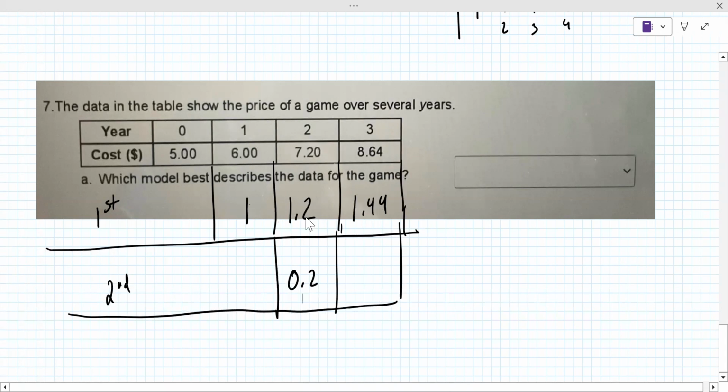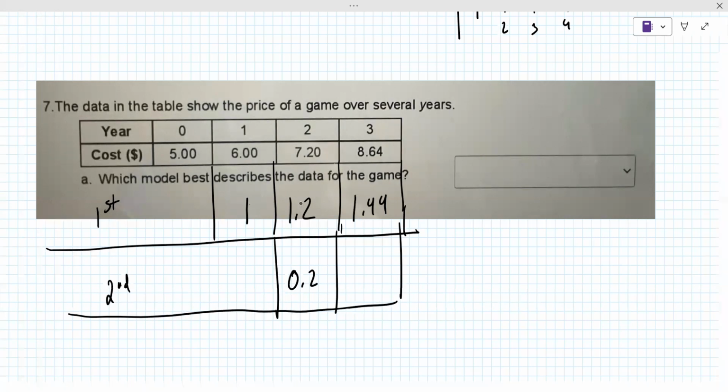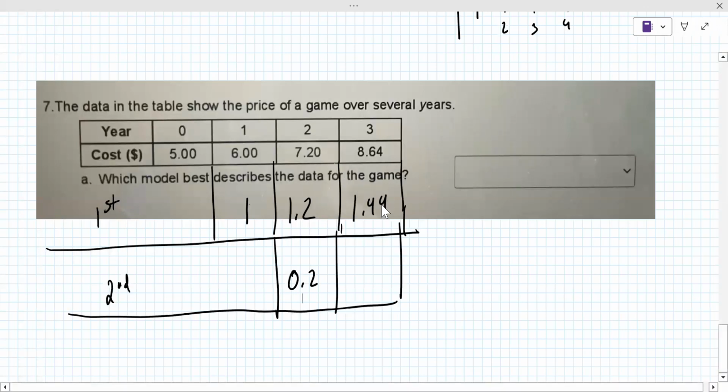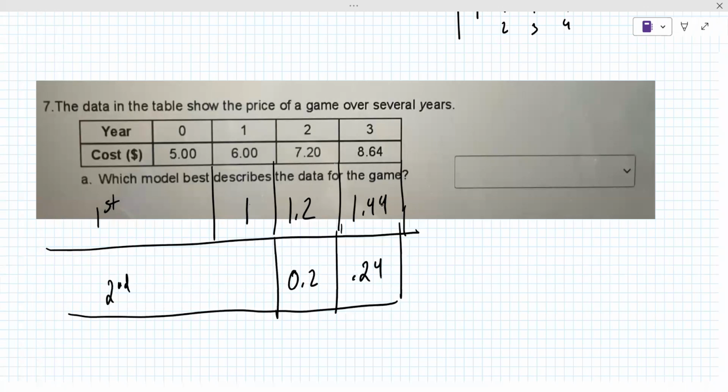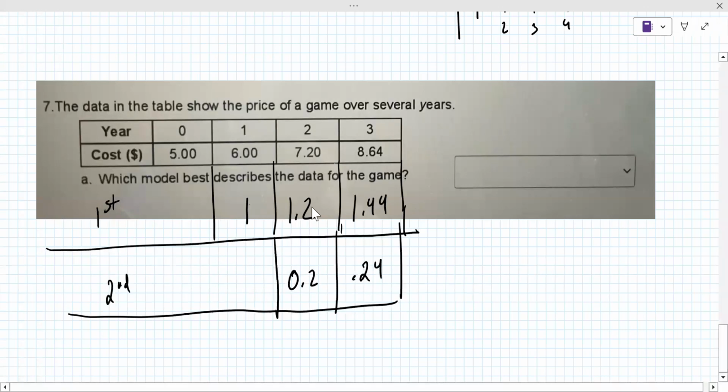You're not looking at anything else. This one would be the 1.44 minus the 1.2. So 0.24. 0.24. Okay, and these are not the same. So this means it's not linear and not quadratic.